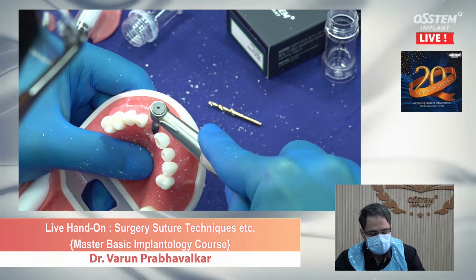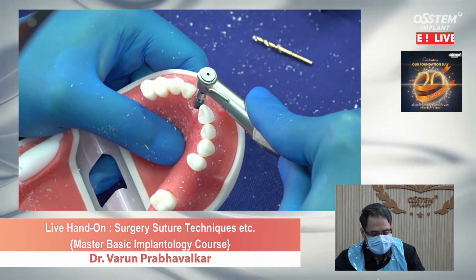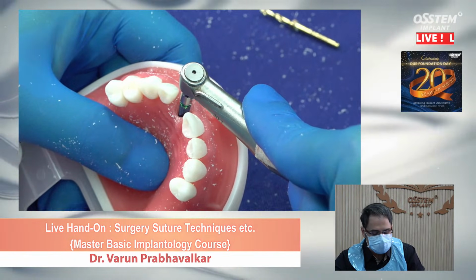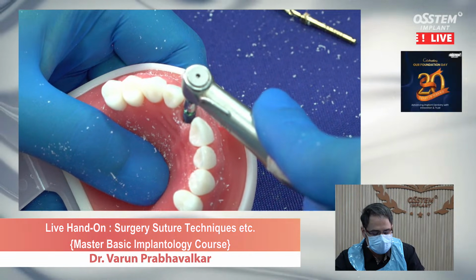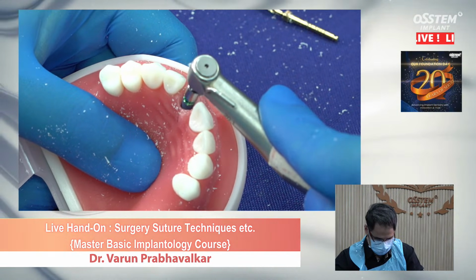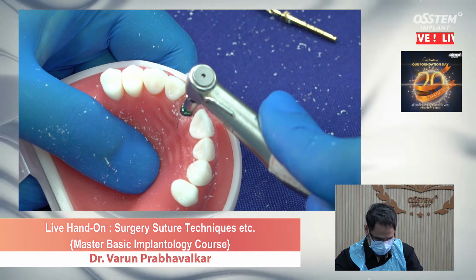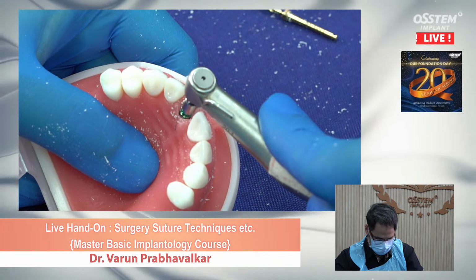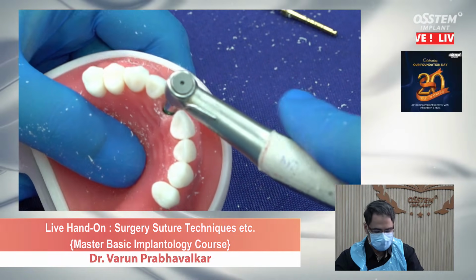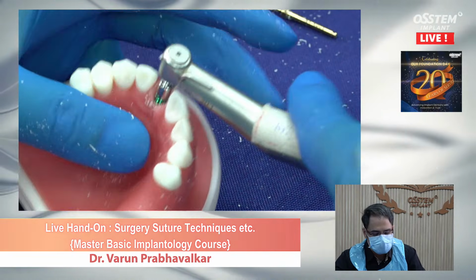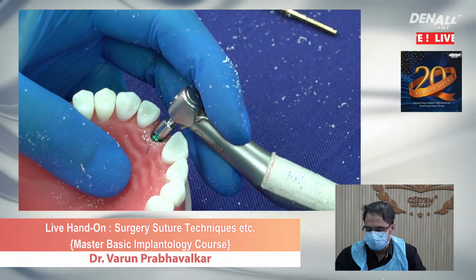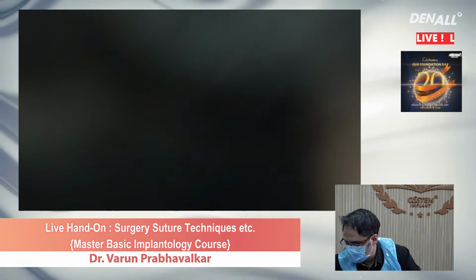Again, implant is raised inside the socket at the desired osteotomy, and there you place it. And we've already got the primary stability. Over here, I would like to increase the torque a little bit.